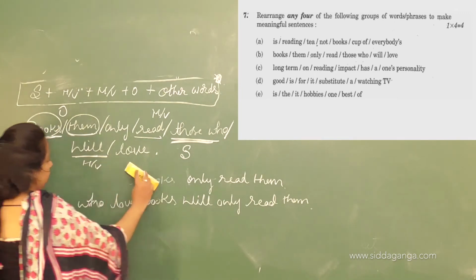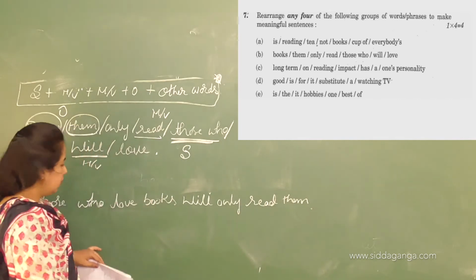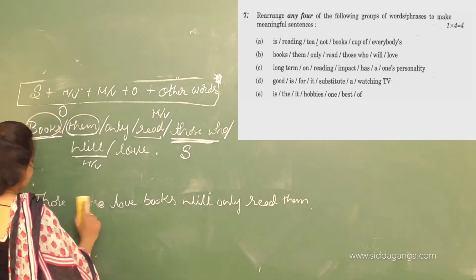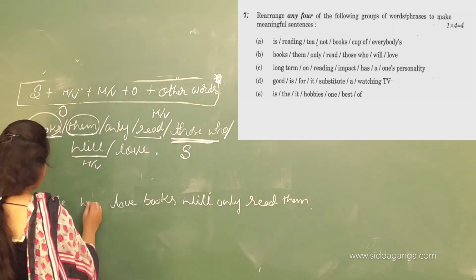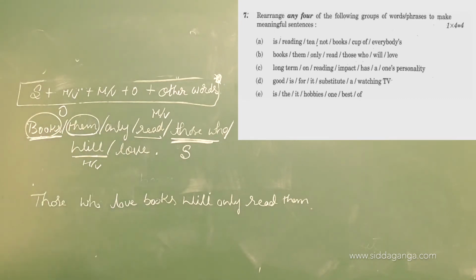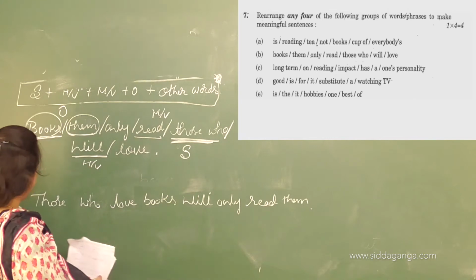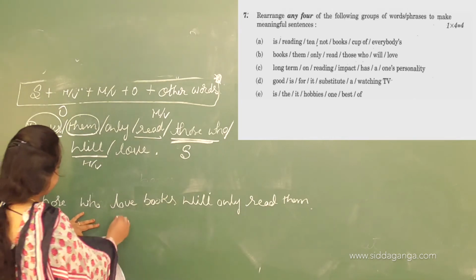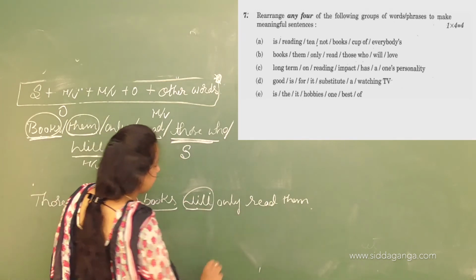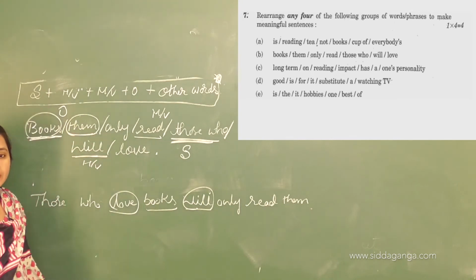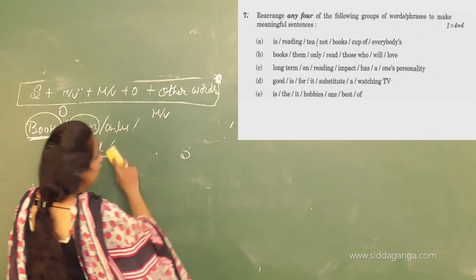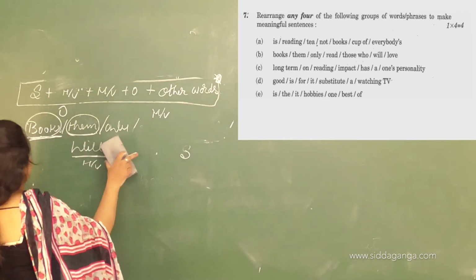So we may get this one also, but this is the correct sentence: those who love books will only read them. Now this sentence is in the right form. Subject, object, then here comes the helping verb, then only read them. Like this way we are going to solve it. Okay, let's talk about the next question.